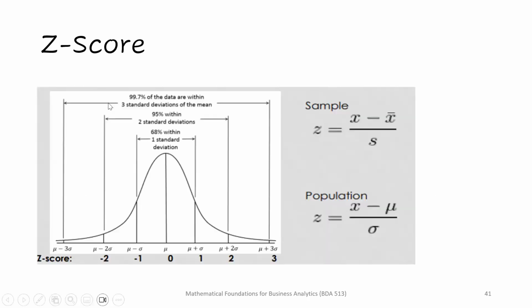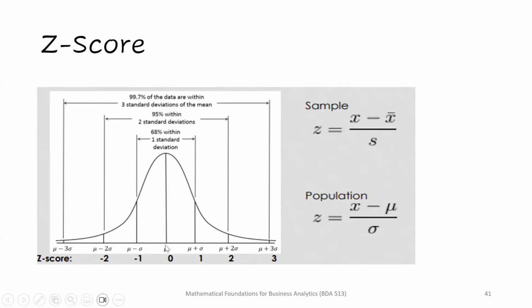So a typical bell-shaped curve will have something like this. At the very bottom, here you have your mean.